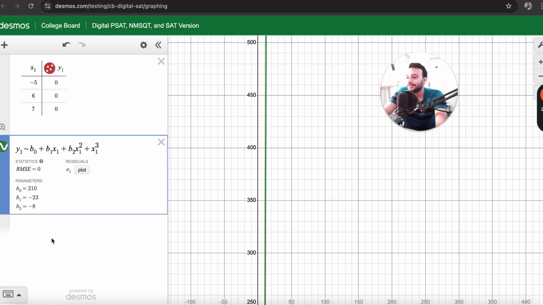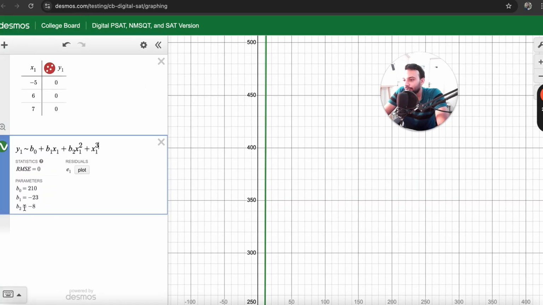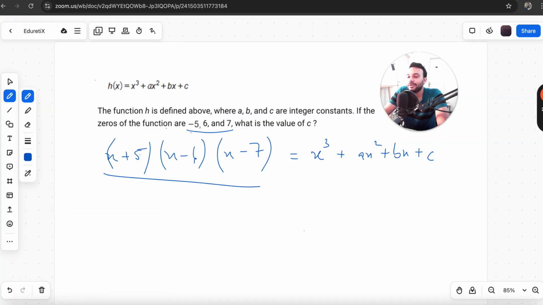So you see b0 is coming out to be 210, b1 negative 23, b2 negative 8. All values are here, a, b, c values are here. So they were asking us for the constant term. So basically x cube coefficient is already known, x squared coefficient, x coefficient and constant. We need the constant. So the constant is b0, b0 is 210. Simply 210, that's the answer.